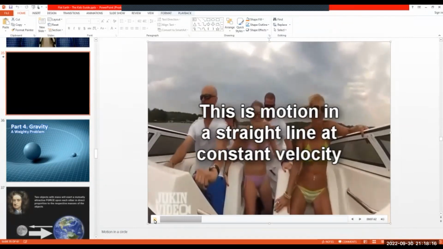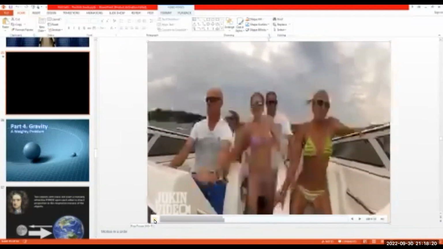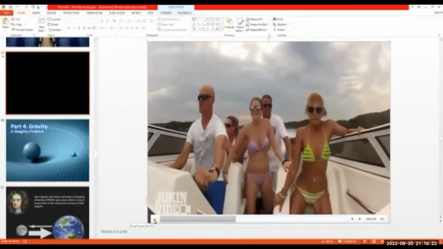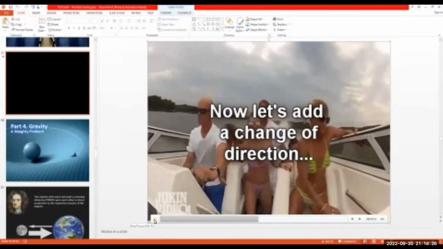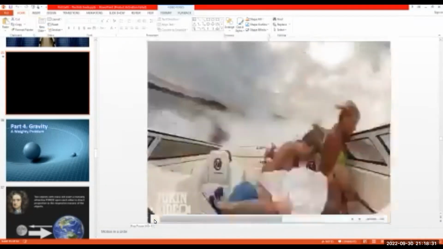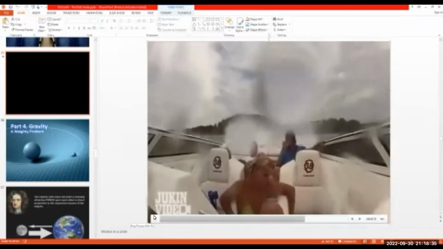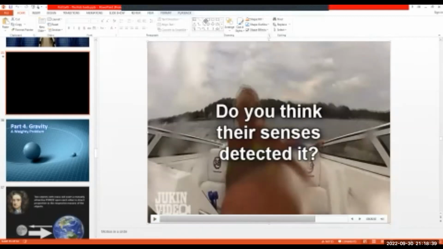So you can ignore the buffeting. Motion in a straight line. Do you think their senses detected that?